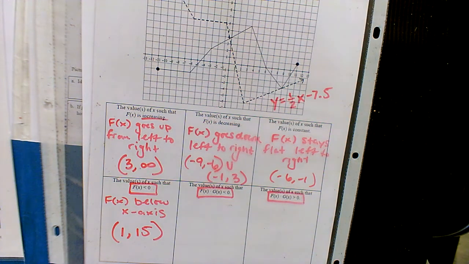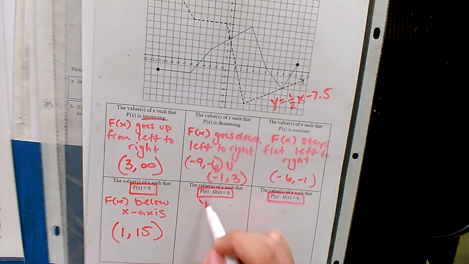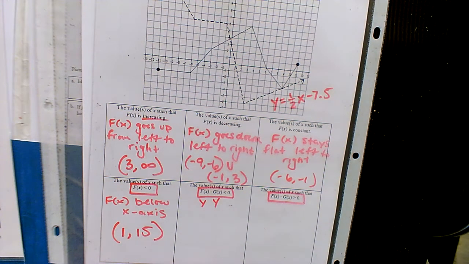What do you think? Wait, so would we be multiplying the y values? Because f of x is the same thing as y. So if you were to take the y value from the f graph and multiply it by the y value from the g graph, your answer would be less than 0, meaning something negative.